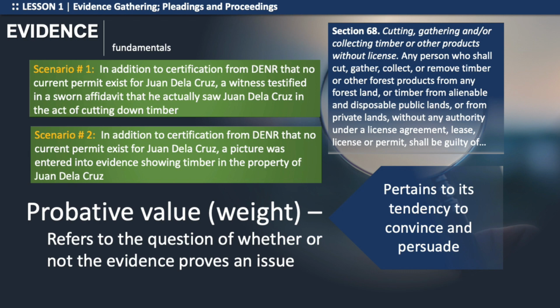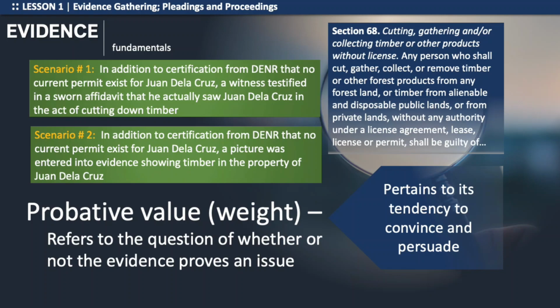All there is is a picture showing a stockpile of timber on his property, and even that is uncertain as to whether that's timber taken from public lands and so forth. So it's not completely conclusive. The probative value is not quite where it needs to be, the weight is not quite there. It may help prove the issue, but by itself it doesn't prove it. It needs to be more. So you can see the difference, okay?